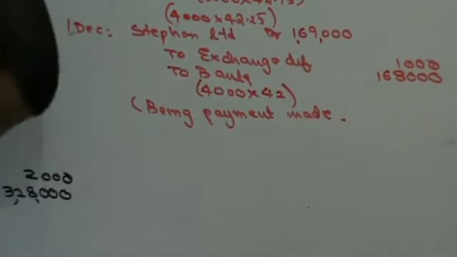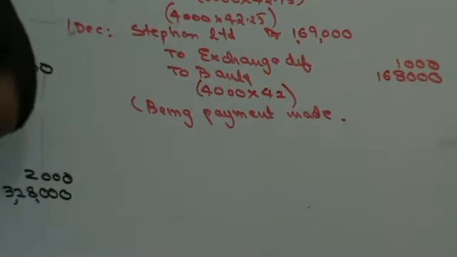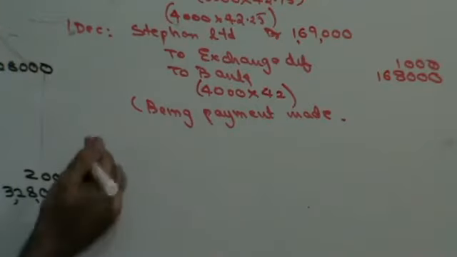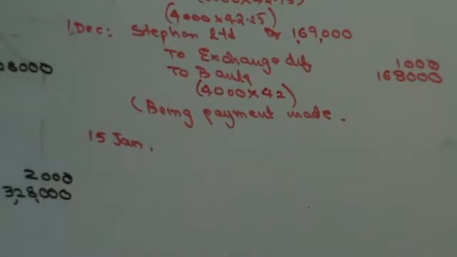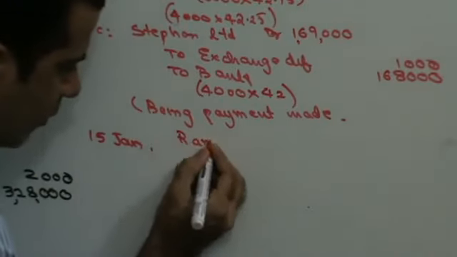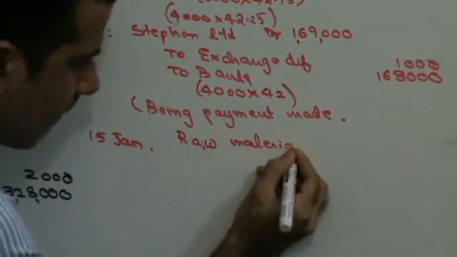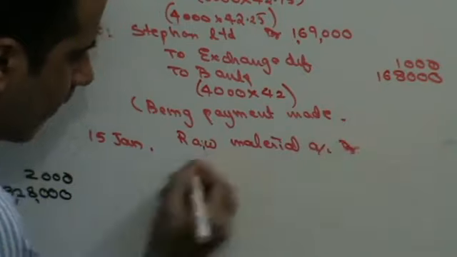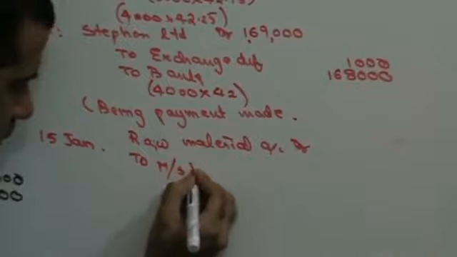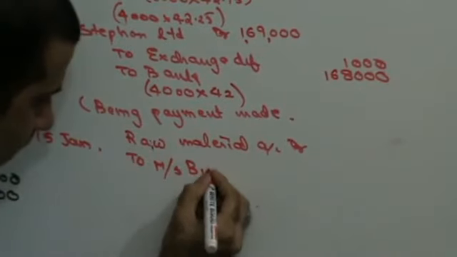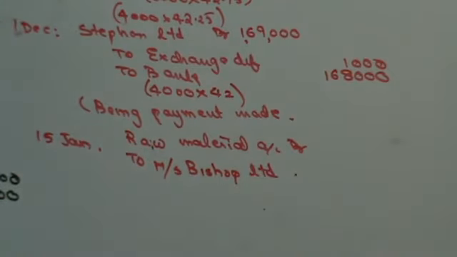Right, 1st December done. Next, on 15th Jan, raw material worth $6,500 was imported from Bishop. Raw material account debit to Messrs Bishop Limited.